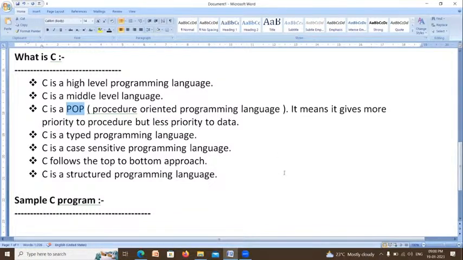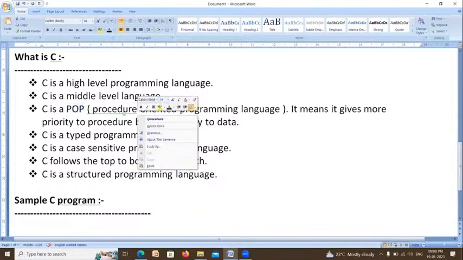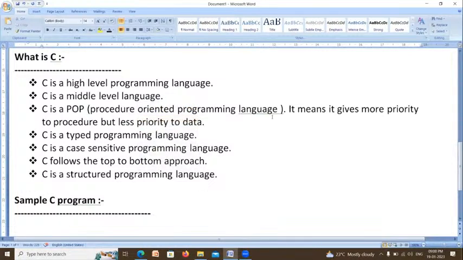If you complete the writing, then I can go to the next topic. So what is middle level language? There are two types of languages actually, high level and low level. In low level language, you have to write the total program using zeros and ones, in machine language.